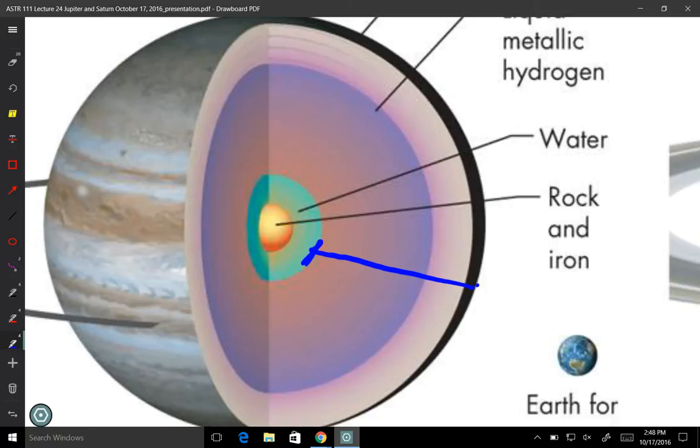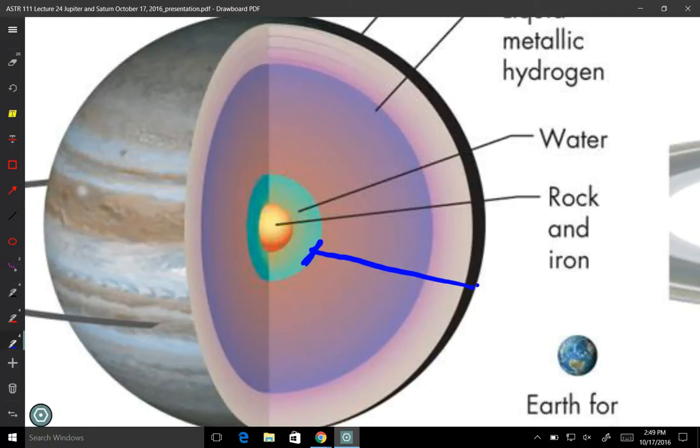So they said, there must be something conducting out there, so it must be liquid metallic hydrogen. That's really why they said it's got to have that liquid metallic hydrogen there. Now we feel a lot better because we've been able to actually make liquid metallic hydrogen. Actually, when you read up, you'll see some people question if we've been able to make it. But that's what is believed to be making the magnetic field.